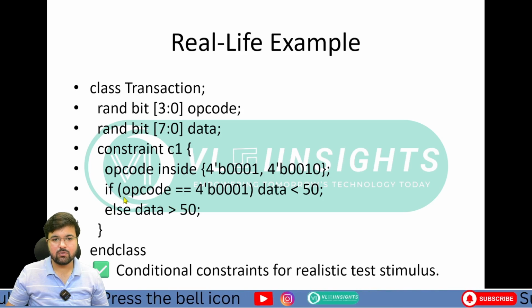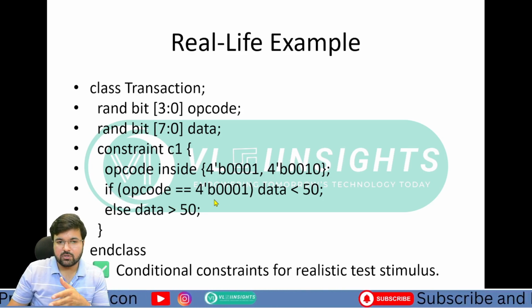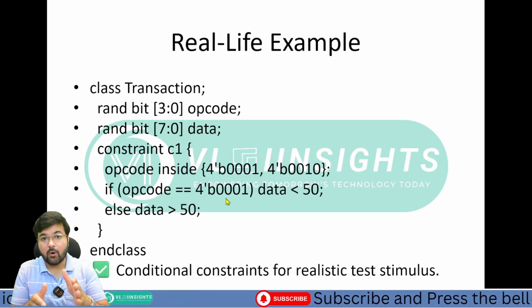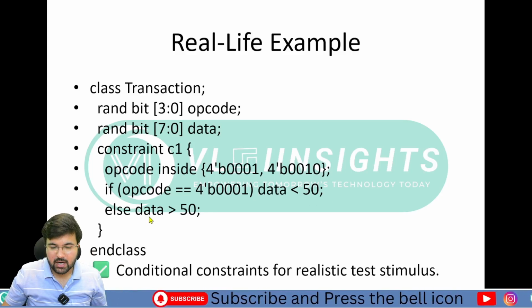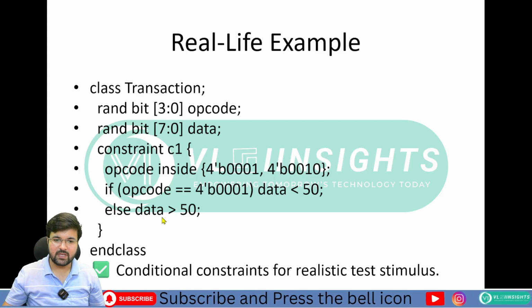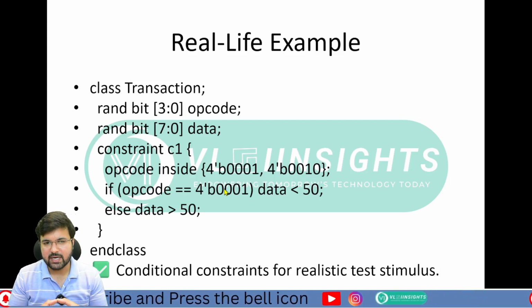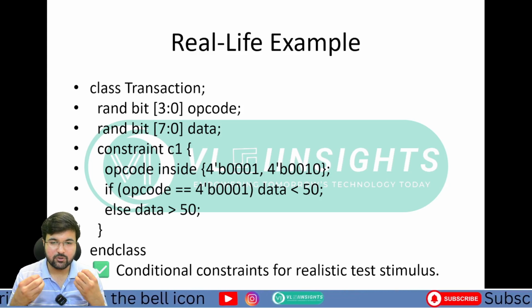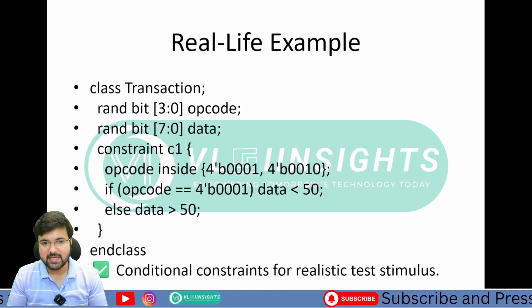Then we summarize our condition using an if block. We state that if the opcode value is 1, the data should be less than 50, or else the data should be greater than 50. So this is how we can set up constraint transitions by using conditions, hard constraints, and soft constraints as well.